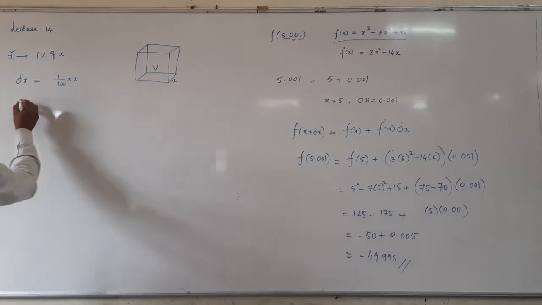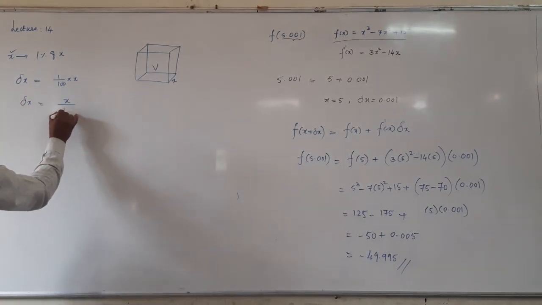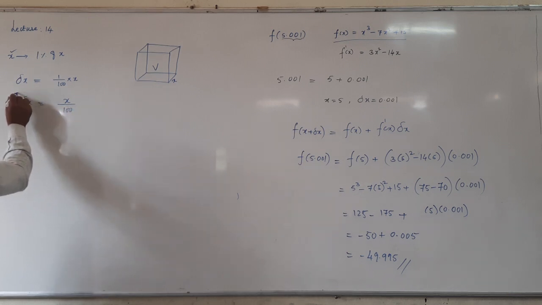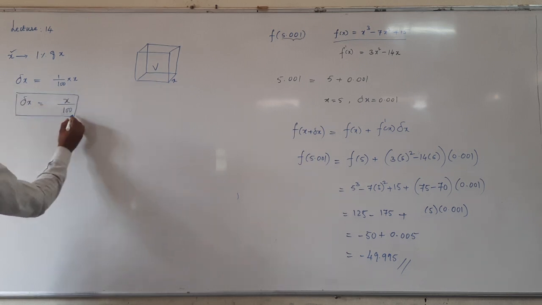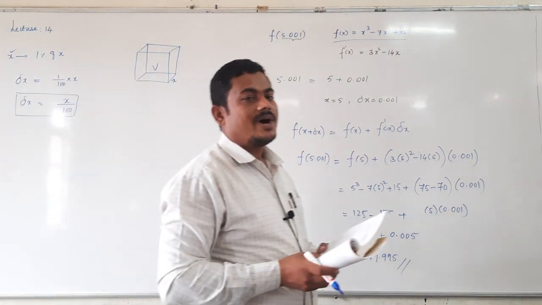Change in x is delta x, that is x divided by 100. This is the change in x, but our requirement is the change in volume.